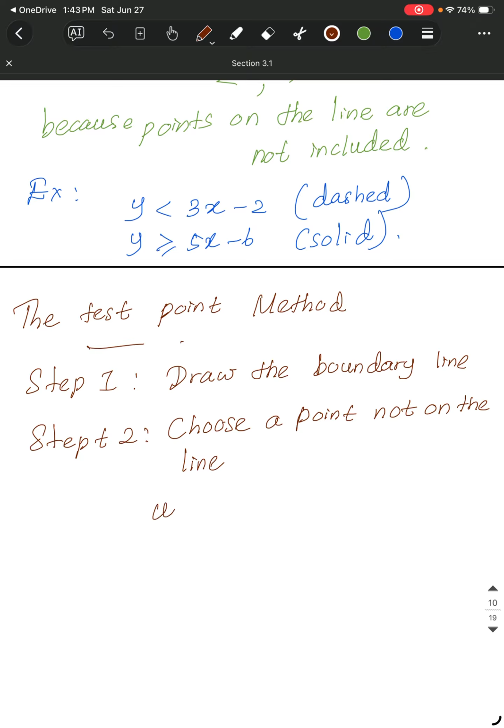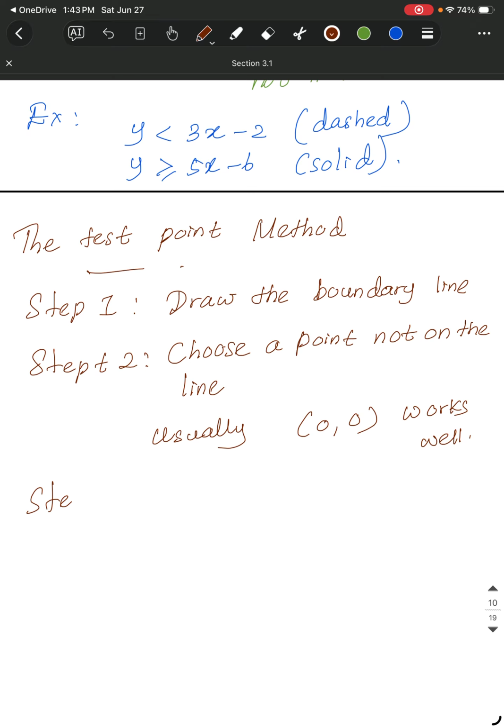Usually we use 0, 0. Step 3, substitute that selected point into the inequality. If the inequality is true, shade the side containing the test point. If it is false, shade the opposite side.